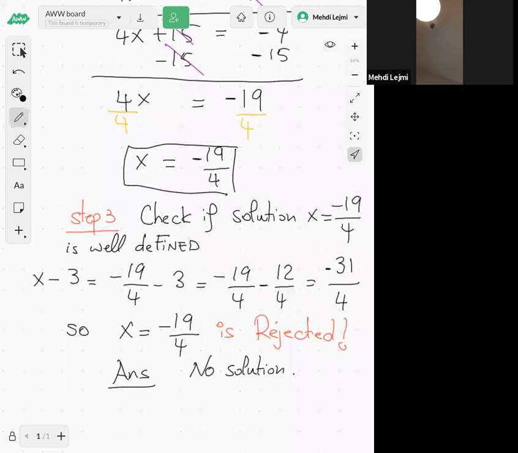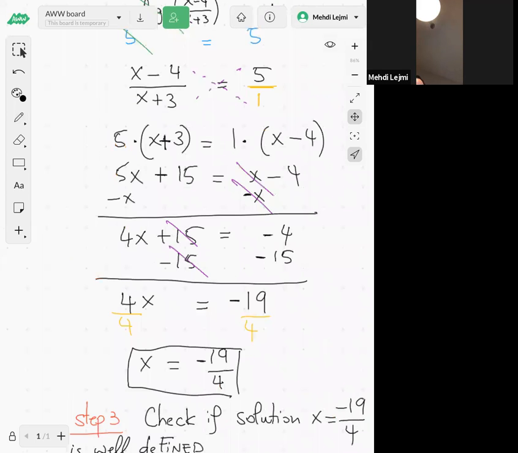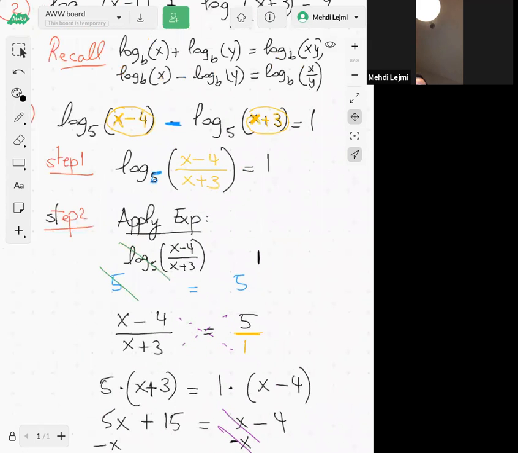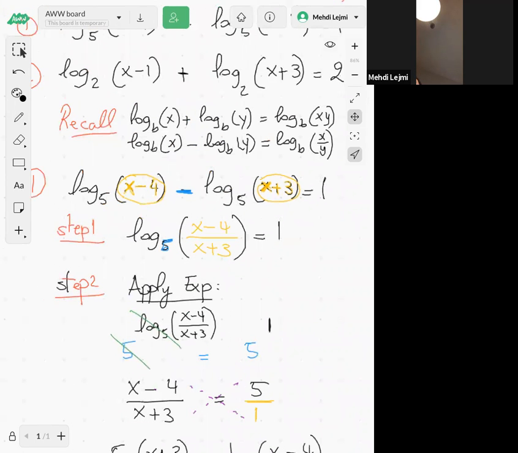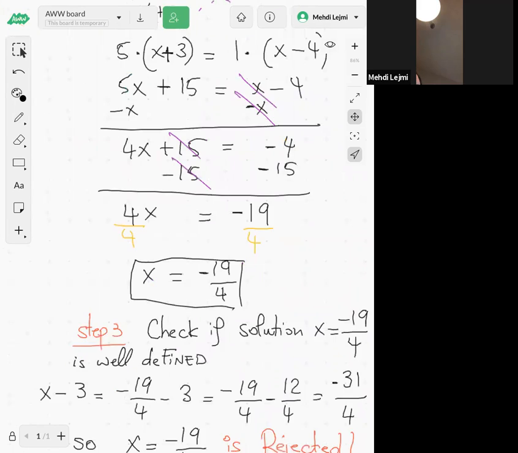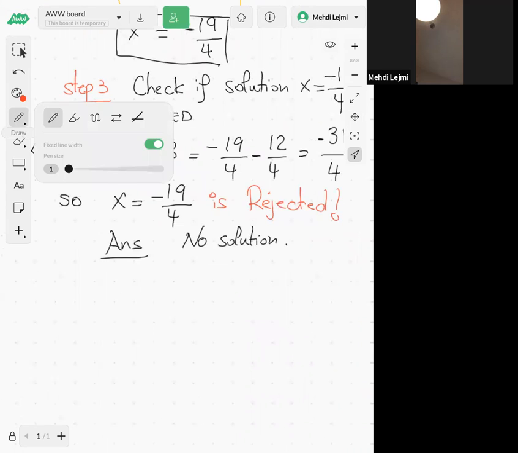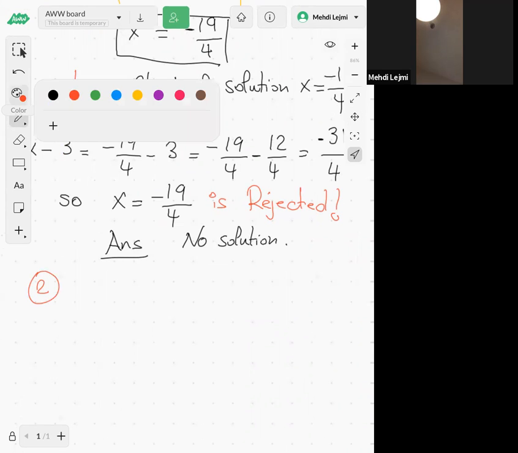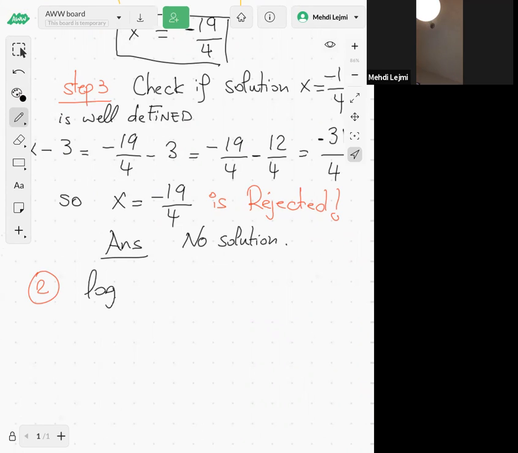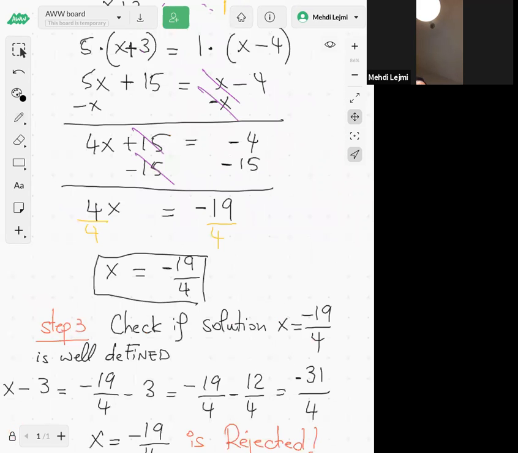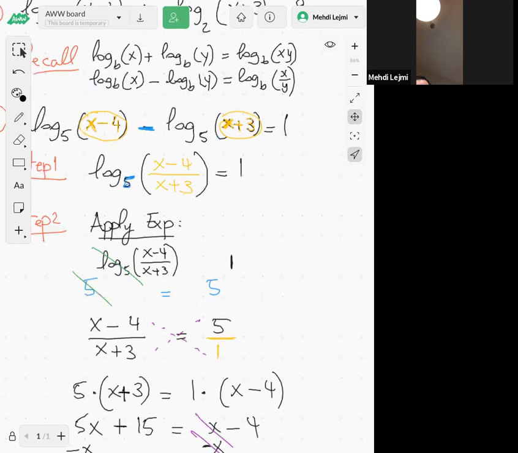Is there any question, guys, about this? For the next one, it's a sum of two logs. So we have log in base 2 of x minus 1 plus log in base 2 of x plus 3, equal to, if I'm not mistaken, well, I'm not sure actually, where is it?